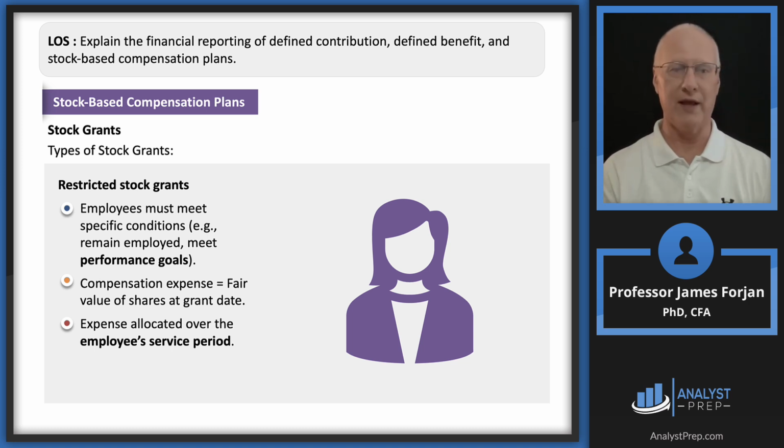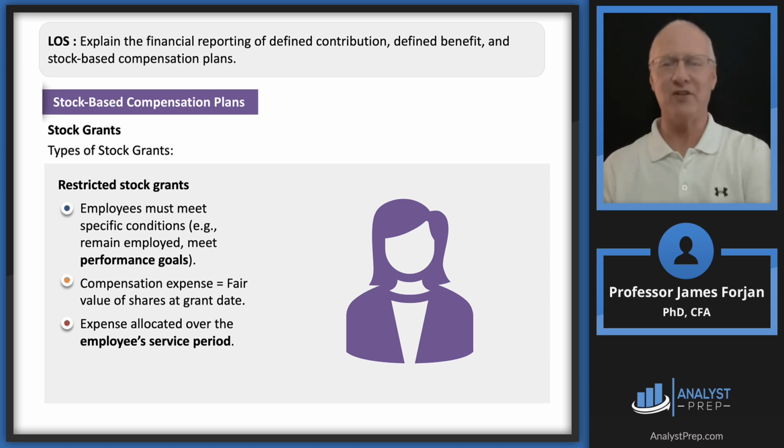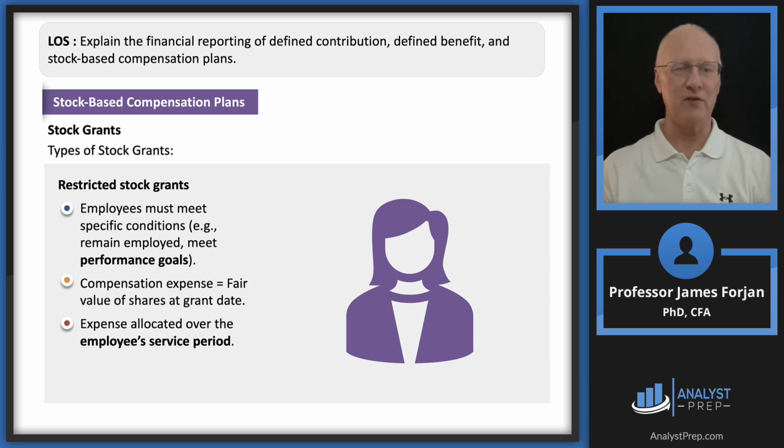Well, one of those is called a restricted stock grant. And you guys might say to me, you know what, Jim, we're going to hand you this share of stock, but we'll tug back and forth like Chevy Chase does in one of his funny movies. You can't sell this share of stock.